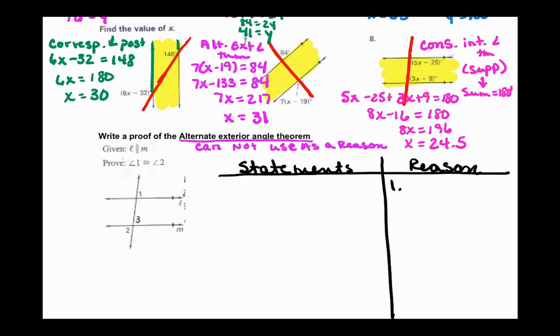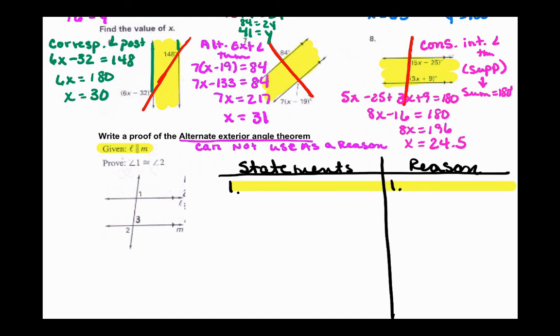Whatever reason 1 goes with statement 1, so our matching statement with its reason. Remember that everyone should be able to fill in 3 pieces because we should start with our given information.